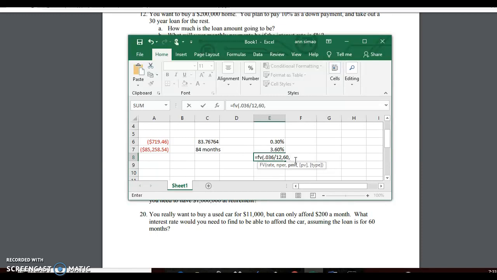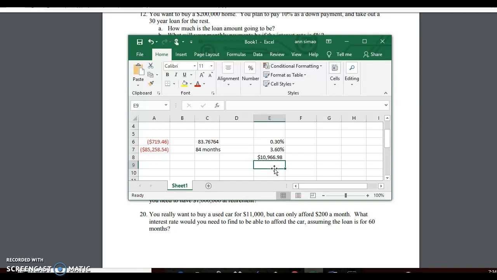My payment was 200, and I had to make sure that went in as a negative. So we want to make sure equals the present value, because I want, what is it today, at 3.6% divided by 12, 5 years, so 60 months, and $200, so that payment is always going in as that negative. So the present value of that would be $10,966.98, which is basically your $11,000.